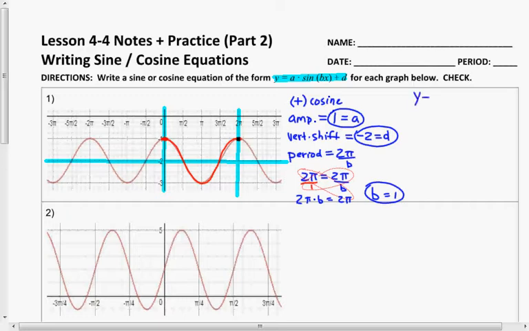Y is equal to a positive 1 times the cosine of B times x, so 1x, and then close that parenthesis, so that D is a -2. You can write that if you have all those numbers in there.